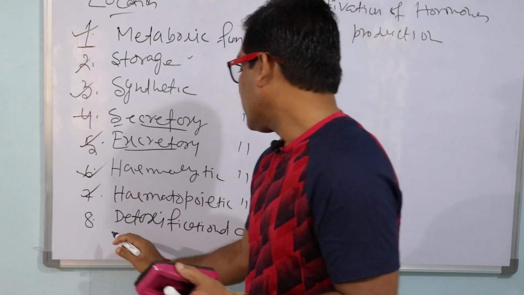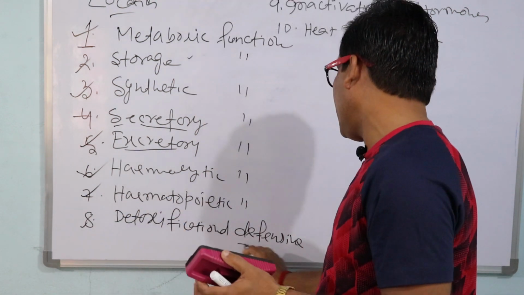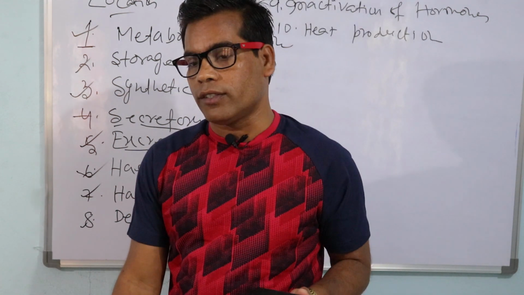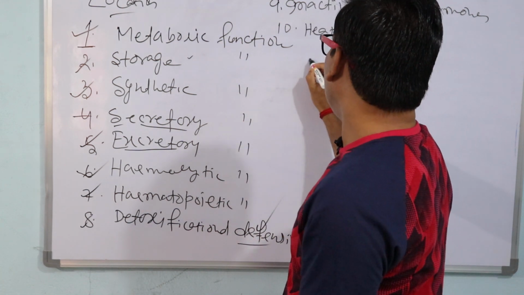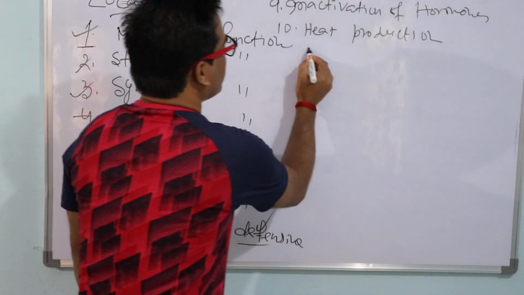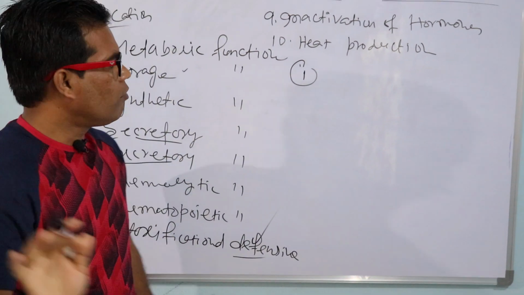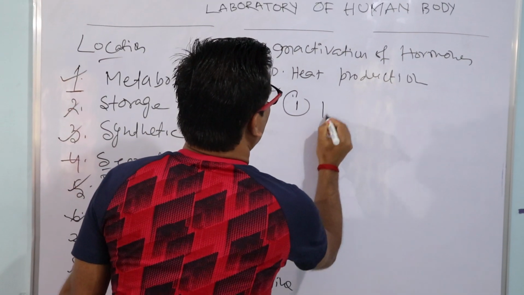Next, go for the detoxification and defensive mechanism. First we start with the defensive mechanisms. Histologically the liver contains 4 types of cells. One is called hepatocytes.